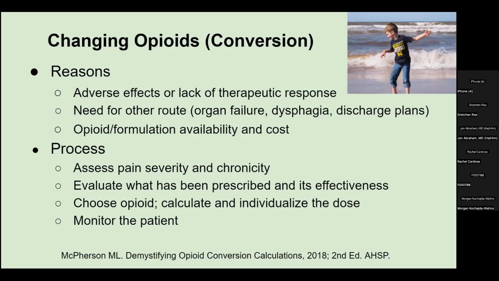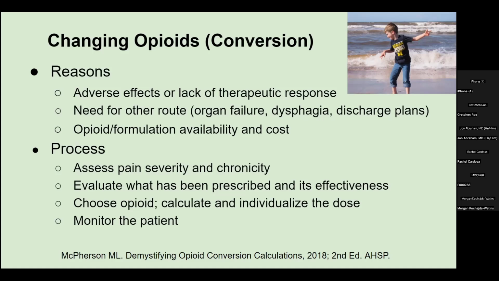And they may be telling the truth. There may be a need for an alternate route. For instance, they're starting to develop dysphagia and they can't swallow pills anymore. So now you need to give something IV or sublingual or transdermal or something like that. Or maybe they're having organ failure, liver or kidney failure, and so you need to switch from morphine to a different medication. Or discharge plans. You want to get them off the IV medicines and onto something oral that will work and that will help them stay comfortable.